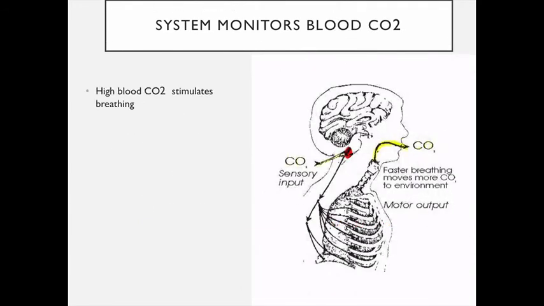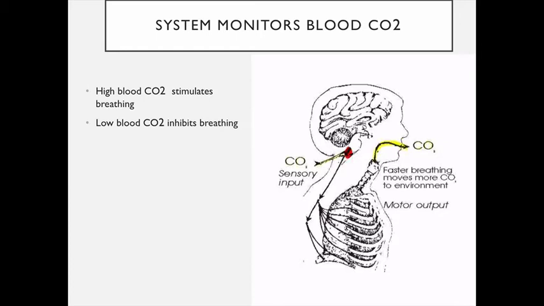So let's look at a picture here and I'll explain this to you a little more. What we're looking at here is essentially the brainstem. It's obviously not a very great picture of it, but it shows us the relationship between carbon dioxide sensory input and the ultimate response, which would then cause us to hyperventilate to get rid of that carbon dioxide.